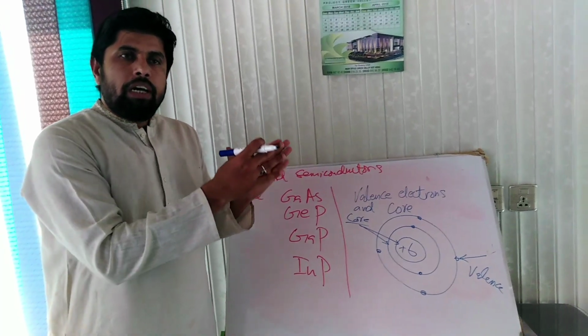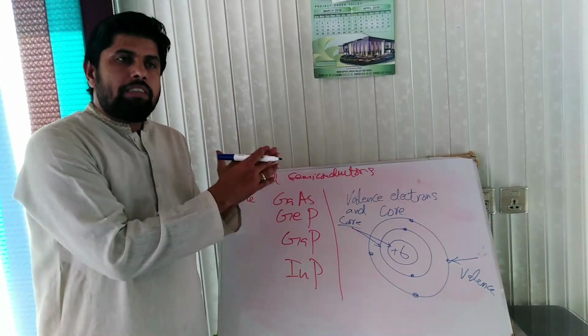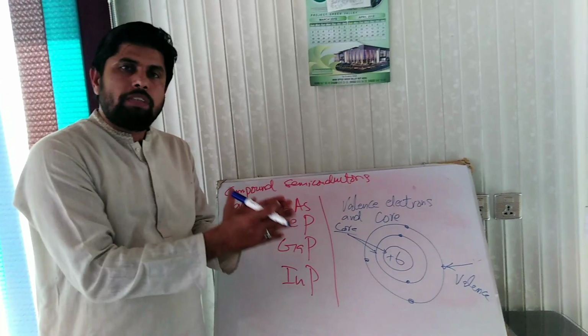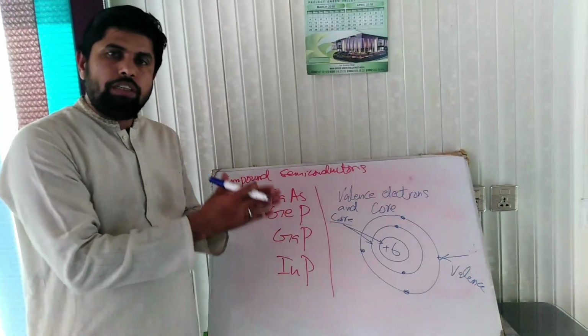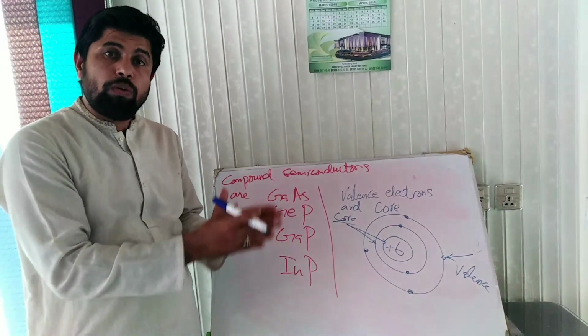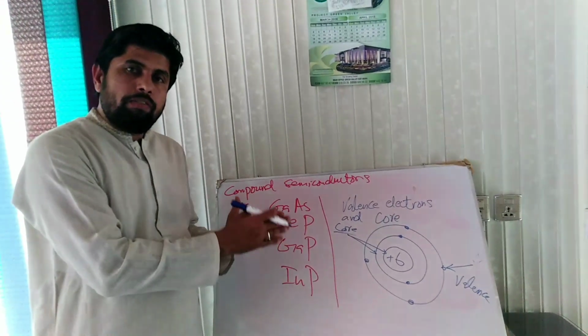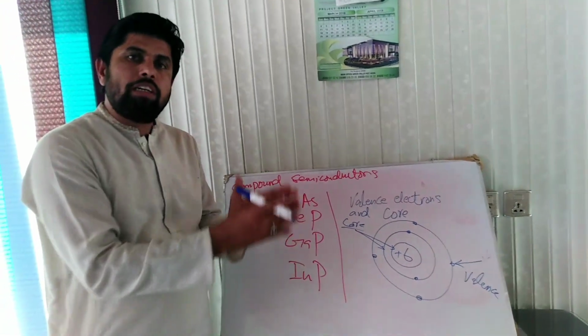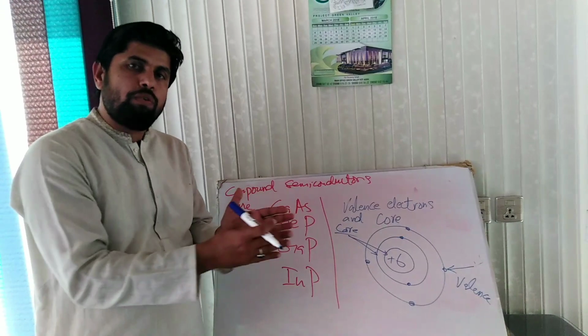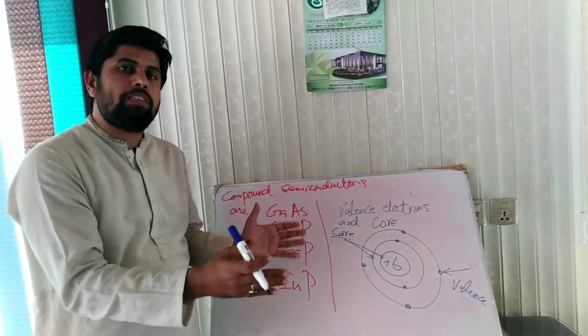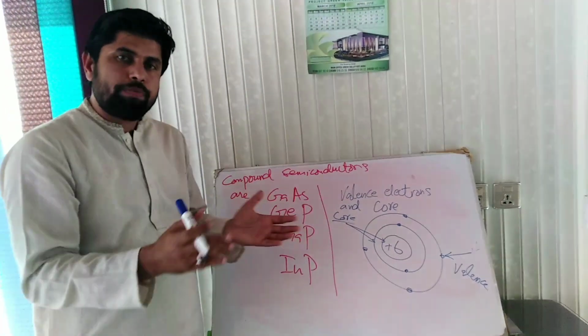So in semiconductor physics, silicon has atomic number 14 and germanium has atomic number 32, but in silicon the valence electrons are 4, and in germanium the valence electrons are also 4. Both have 4 electrons in their valence shell, and the remaining is the core.